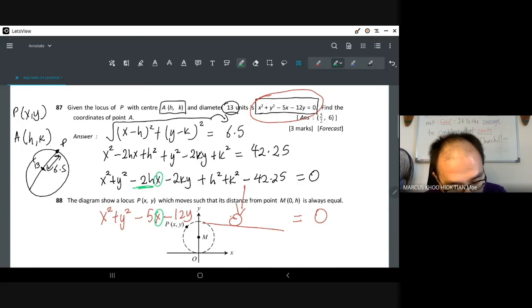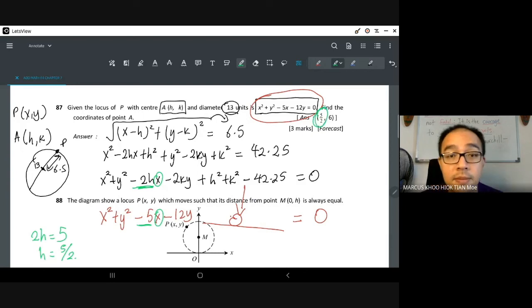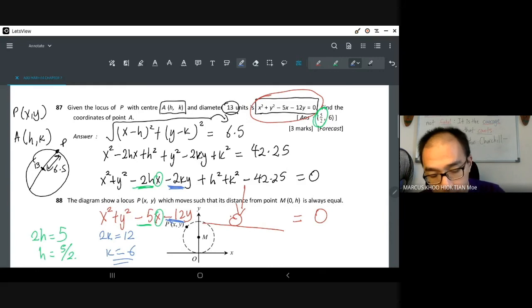Negative 2h and negative 5. So I can say that 2h equals 5, because both are x, ma. So h equals 5 over 2. Can I do the same thing with k? Can. Because negative 2k equals negative 12. Therefore, 2k equals 12. k equals 6. There.